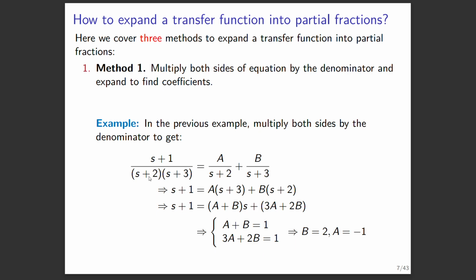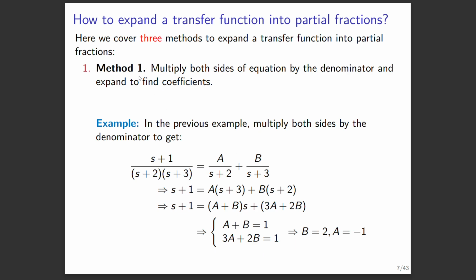Before doing that, I have a guess that a fraction with (s+2) and (s+3) in the denominator probably is going to have one term with (s+2) in the denominator and another term with (s+3) in the denominator. I mark the numerators with A and B. These are my unknowns. I want to find A and B.